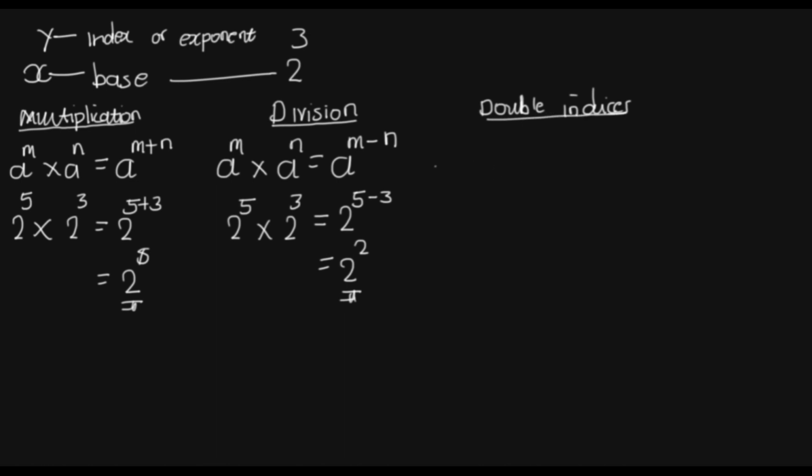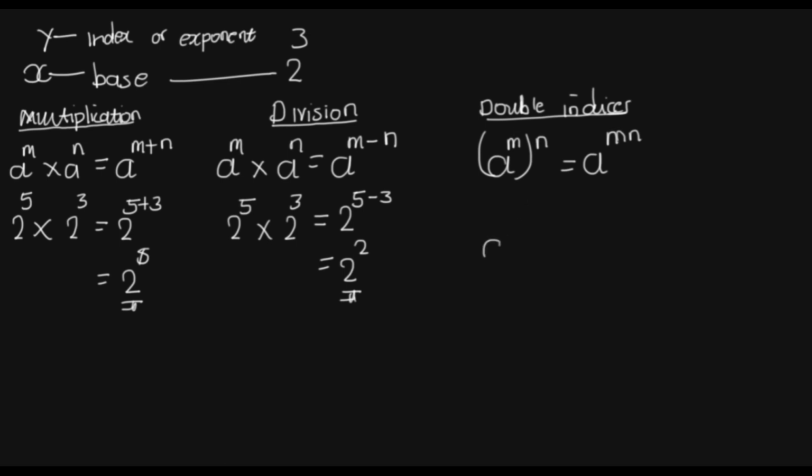This time, if we have a raised to the power m, in brackets, raised to the power n, this is the same as a raised to the power mn. So you just multiply the number inside the bracket times the power outside the bracket.